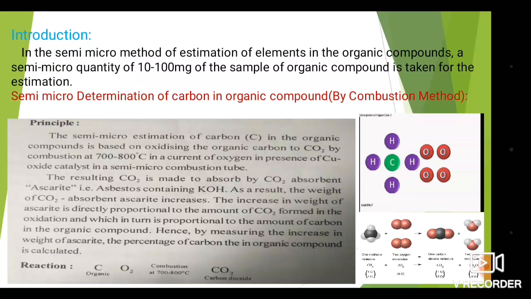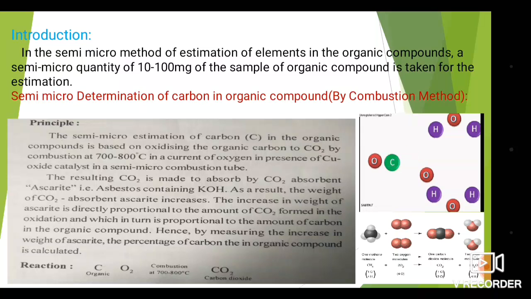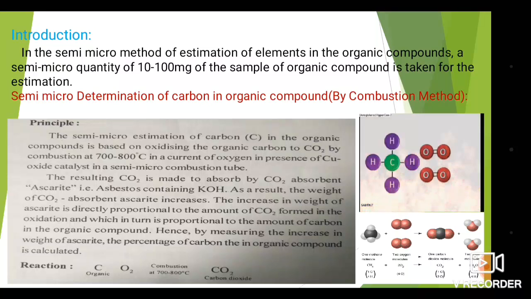So the increase in weight of ascarite is directly proportional to the amount of CO2 formed in the oxidation, which in turn is proportional to the amount of carbon in the organic compound. Hence, by measuring the increase in weight of ascarite, the percentage of carbon in the organic compound is calculated.